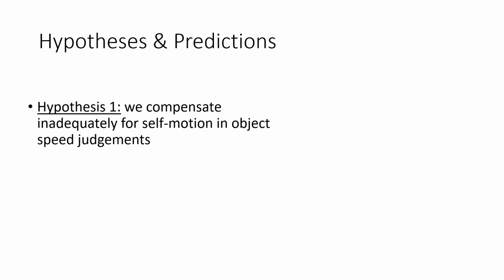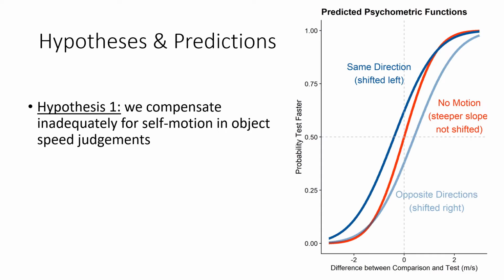And this should then lead to an underestimation of object speed when the observer and the object move in the same direction. That would correspond to lower PSEs, or points of subjective equality, and with that a psychometric function that is shifted to the left. The other way around, it should lead to an overestimation of speed when observer and object move in opposite directions, which corresponds to higher PSEs or a shift of the psychometric function to the right.